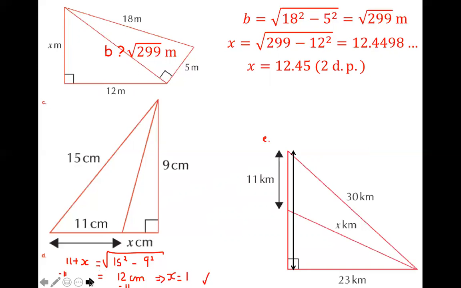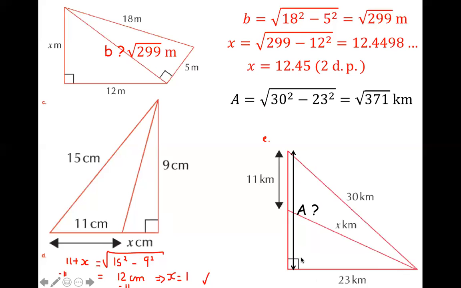For the next one, I'm looking at this and I've got a right angle here. First thing first, I'm going to try and find that long distance here because I've got hypotenuse and I've got a shorter side. So that means if I do calculation of A is square root of 30 square minus 23 square.